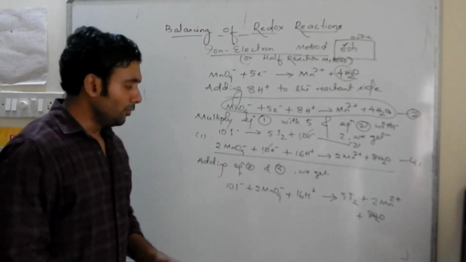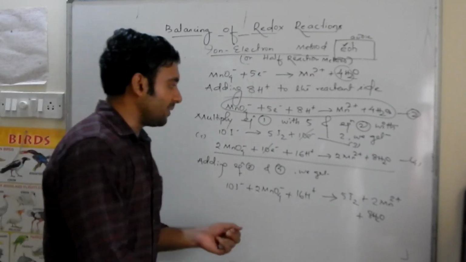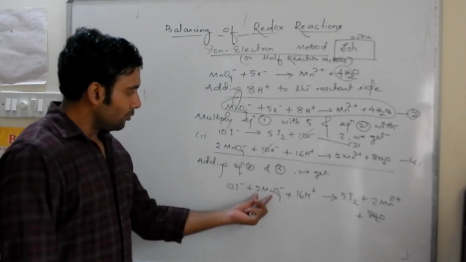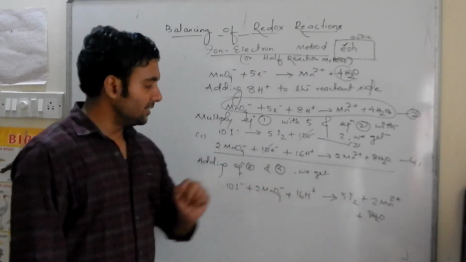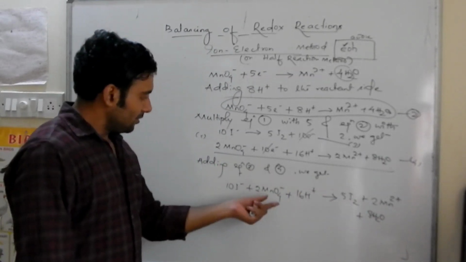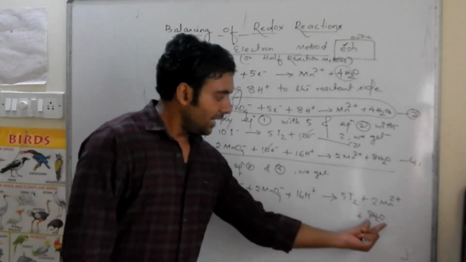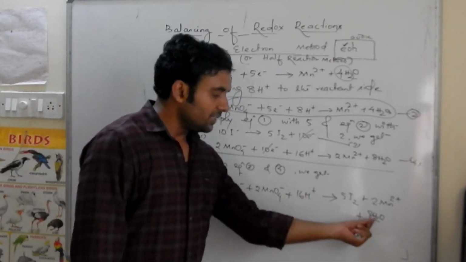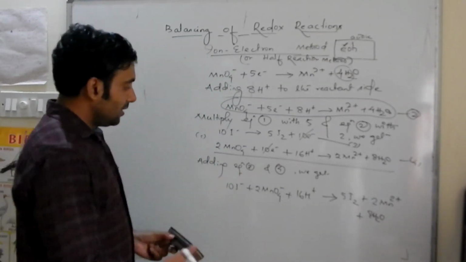Just give a final look whether overall it is balanced or not. 10I- and 5I2, so iodine is balanced. 2Mn2+, so manganese is balanced. Now go for oxygen. Oxygen here is 8, and here 8H2O means oxygen is balanced. Now hydrogen, 16 hydrogen here, and here also it is 16. Now check the charge.